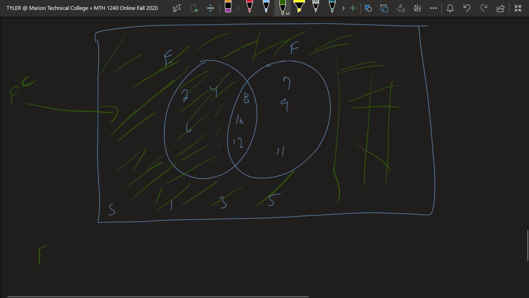So F complement is still the set of 1, 2, 3, 4, 5, and 6. All right, so that's all I have for reviewing set notation.